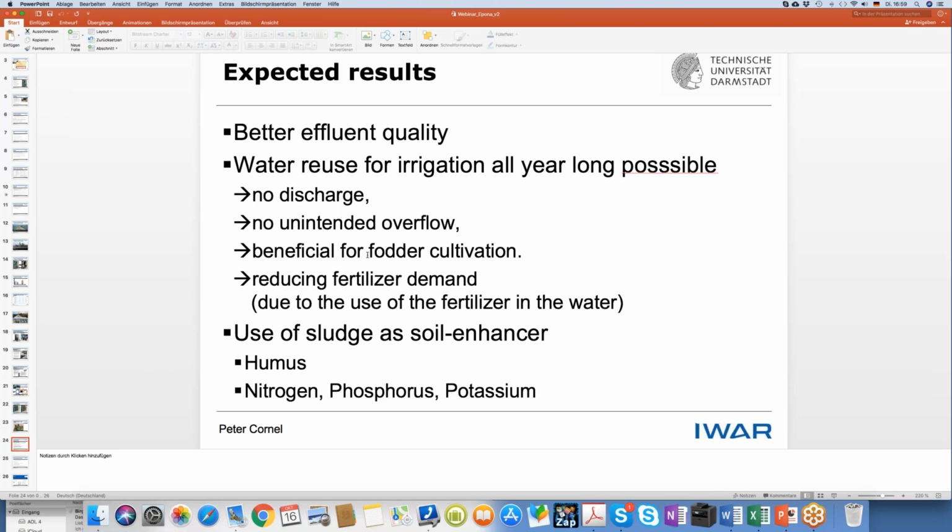It's beneficial. We want to use it especially for fodder cultivation and reduce fertilizer demand. As you saw, there is a lot of phosphorus and nitrogen in the water, and use the sludge as soil enhancer.